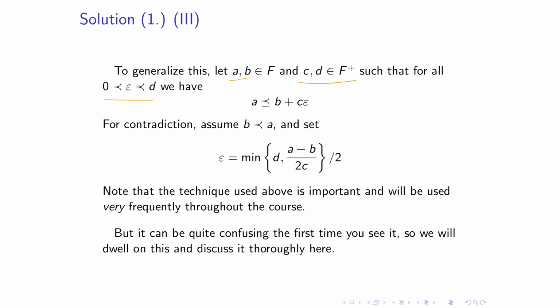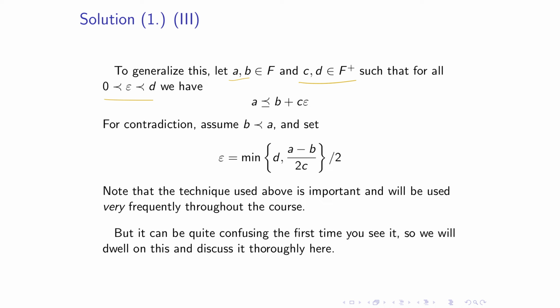But how do we also make sure that it is less than D while all the other things are also true? Well, that's why we take the minimum, right? So we put D here, we put the other quantity here, and by taking the minimum of these two, we are guaranteed that both inequalities are satisfied. This inequality is going to be satisfied because we're taking the minimum.